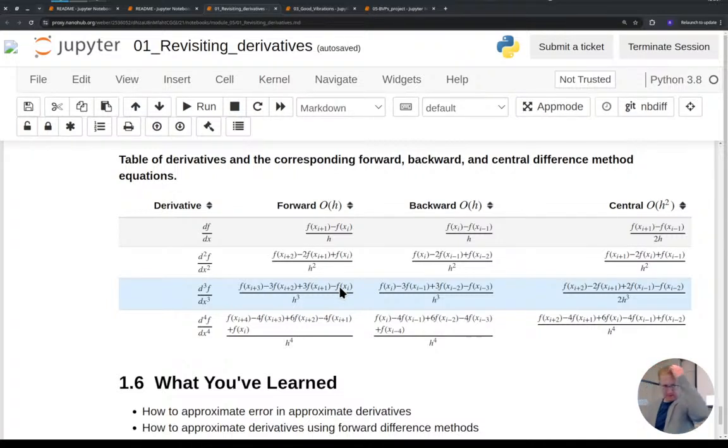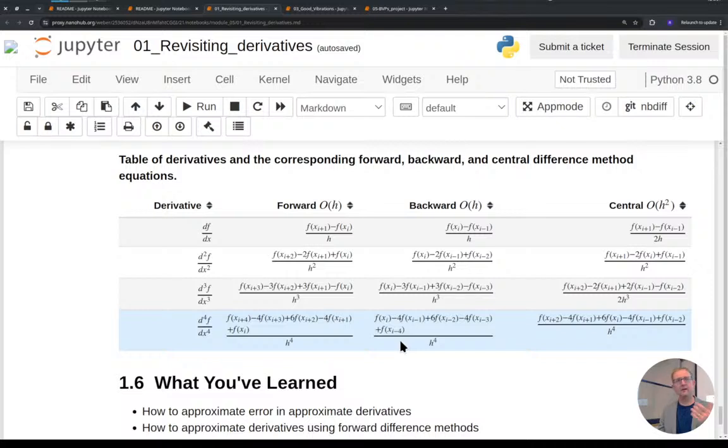With these forward and backward third, the second derivative is kind of weird because it's the exact same equation whether it's forward, backward, or central. It just changes where it gets evaluated. In general, the forward and backward equation is always the same values that you're subtracting from each other.